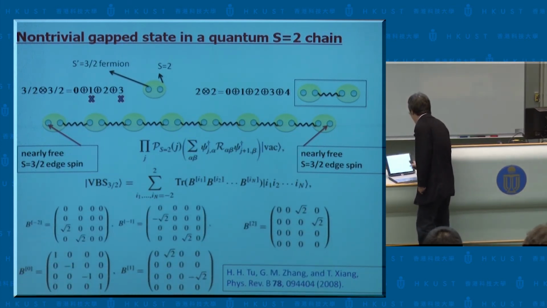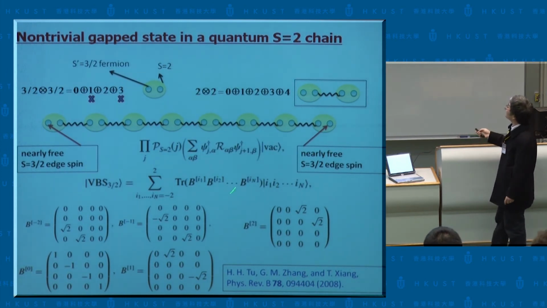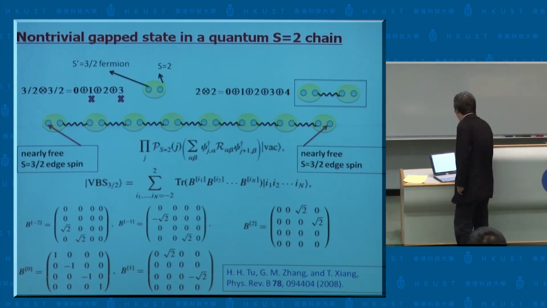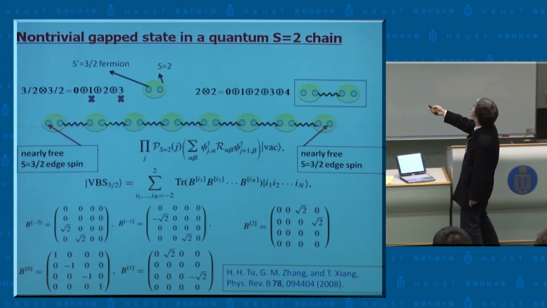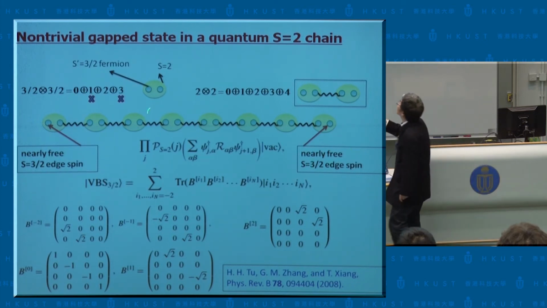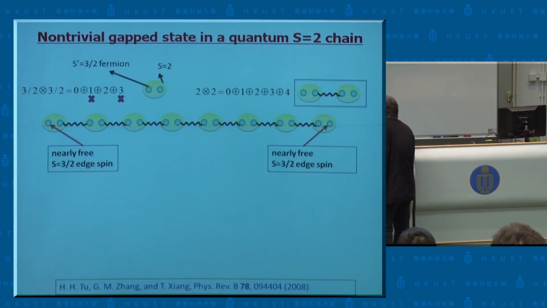However, in this case, the matrix is a 4x4 matrix given as the following. As you can see, in these states the edge spin is a spin 3/2, which is a projective representation. So these states have a non-trivial topological structure.